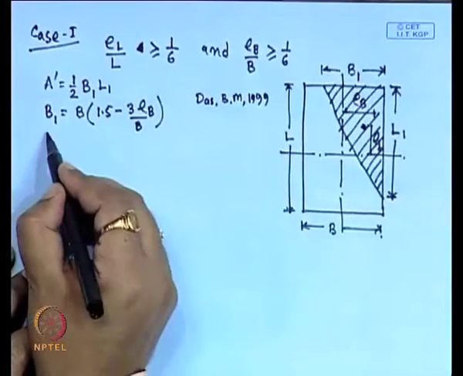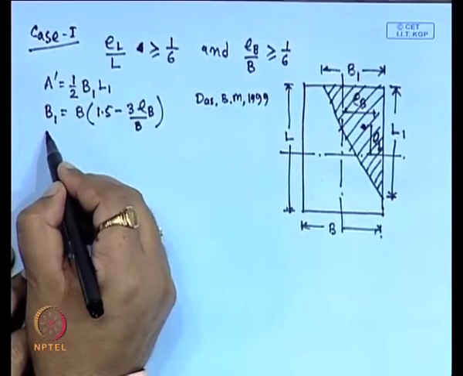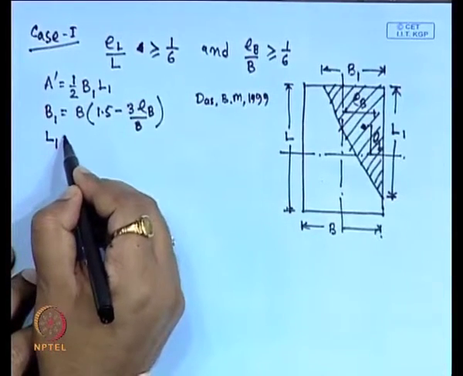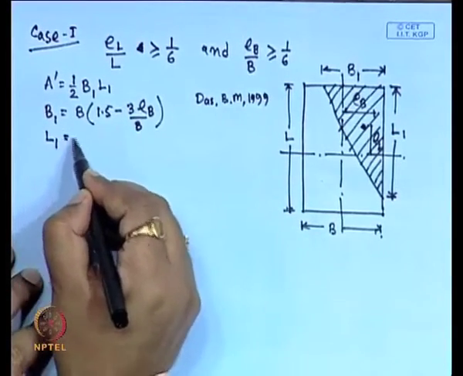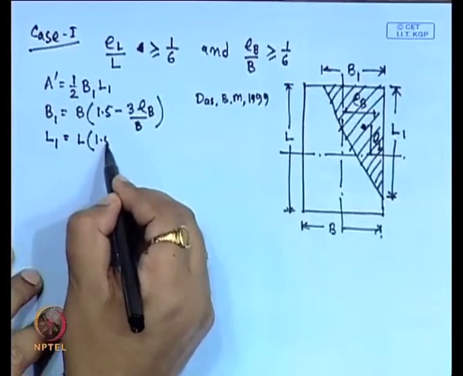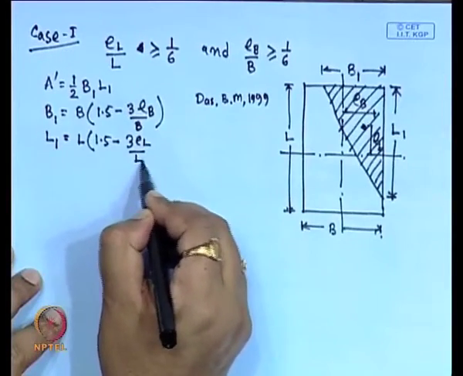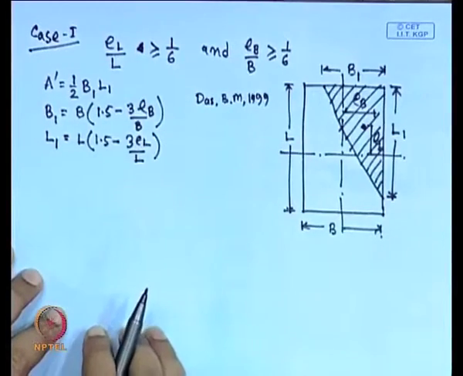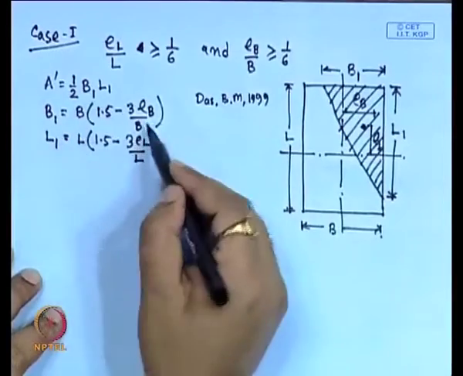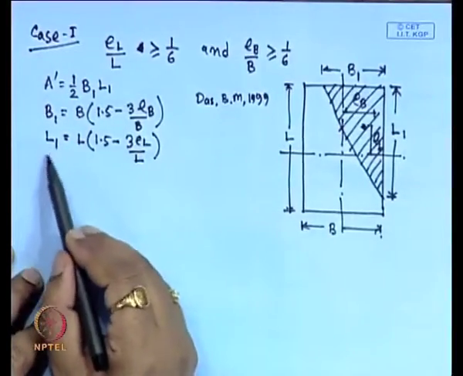And L1 will have a similar expression: L1 equals L into 1.5 minus 3 E L divided by L. So, by using this expression we will get B1 and by using this expression we will get L1.